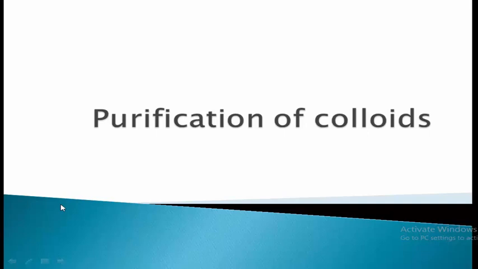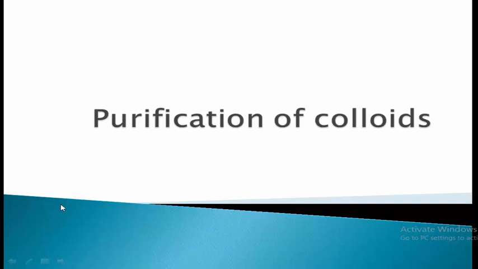Today we will discuss about purification of colloids, because once you prepare the colloidal solutions, those colloidal solutions will consist of certain impurities, mainly electrolytes, or you can say crystalloids.